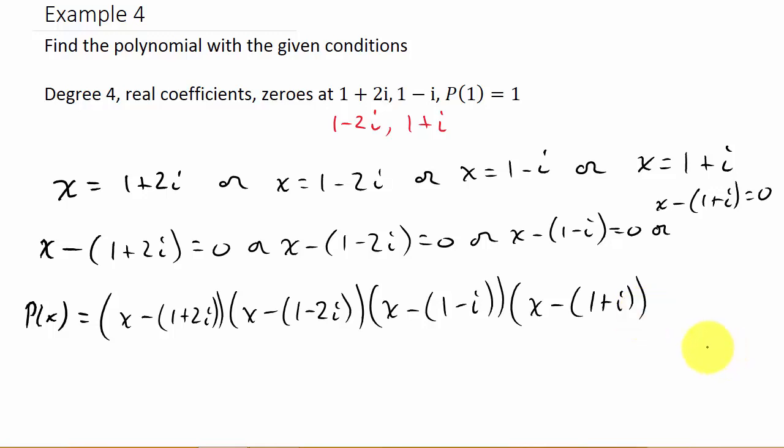Now what this is saying is if I plug 1 in for x, I should get 1 as an answer.